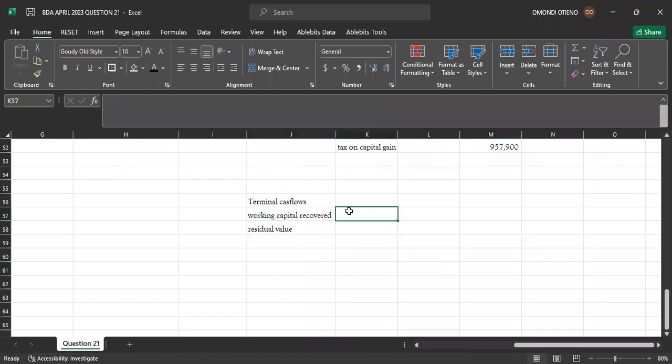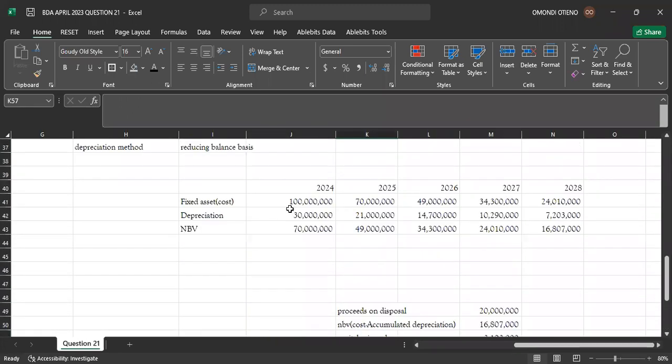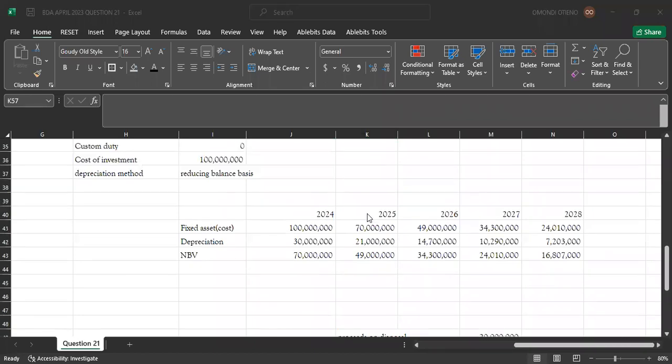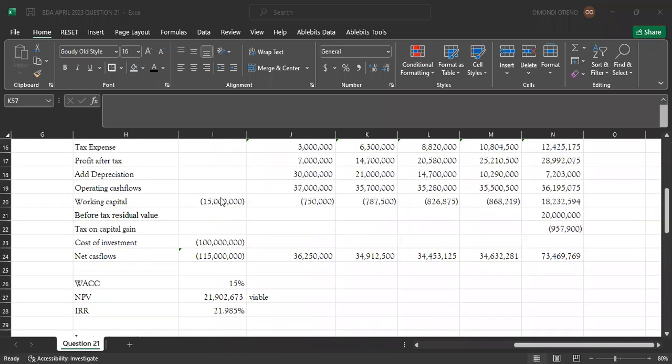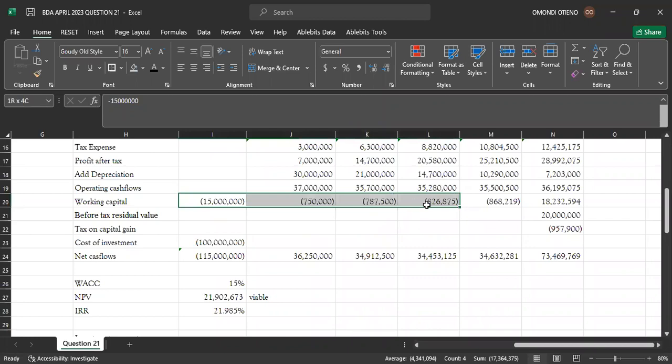Working capital recovered. We said the working capital that was spent from the first year to the 4th year will be recovered in the 5th year. Our working capital, the first one is 15, 750, 785, 826, 868, for the 5 of them from year 0 to year 4.